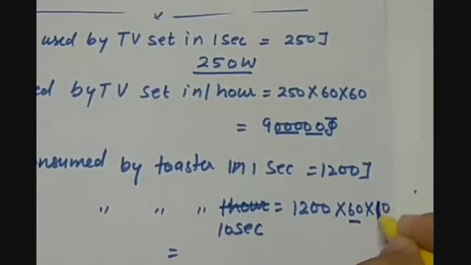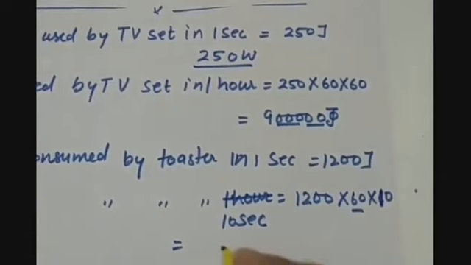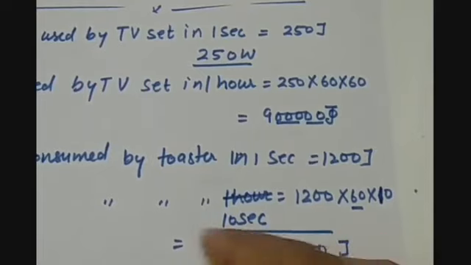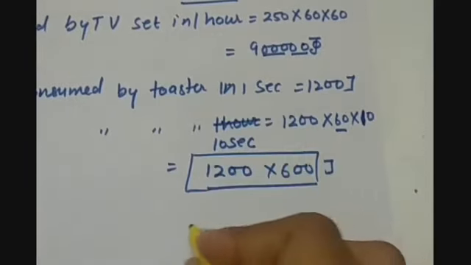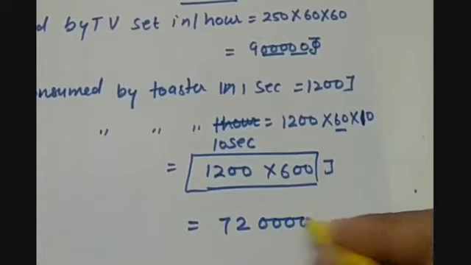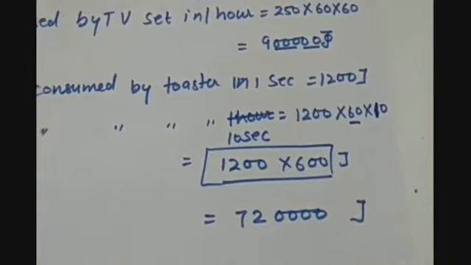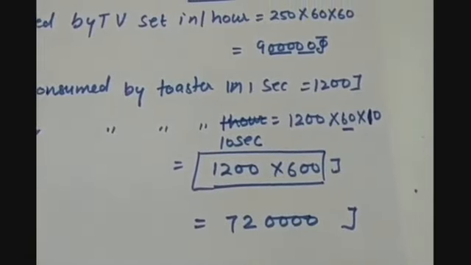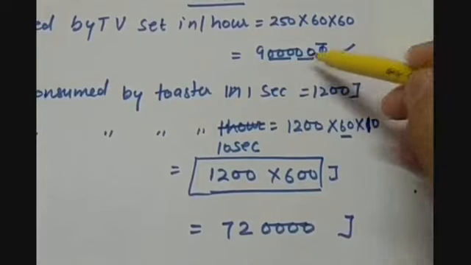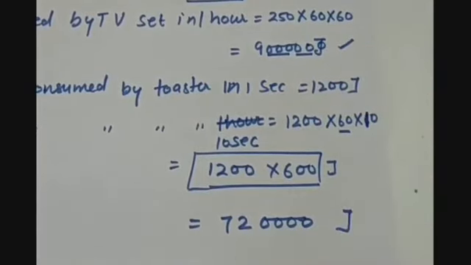So it will be this. So 1200 into 600, this will be the total energy consumed, and this value comes out to be 7,20,000 joules.